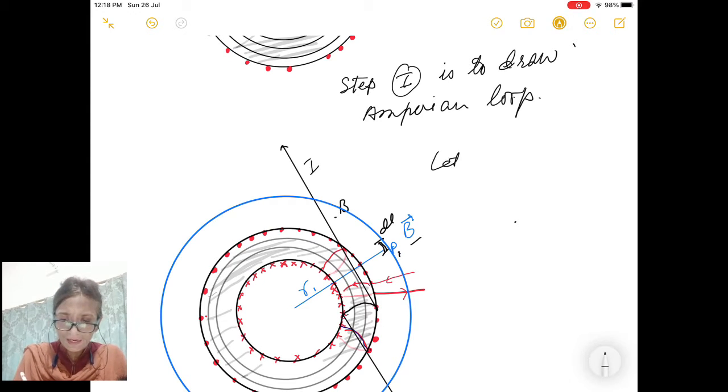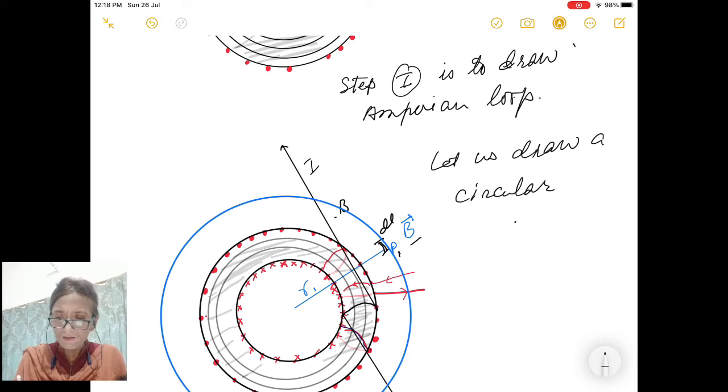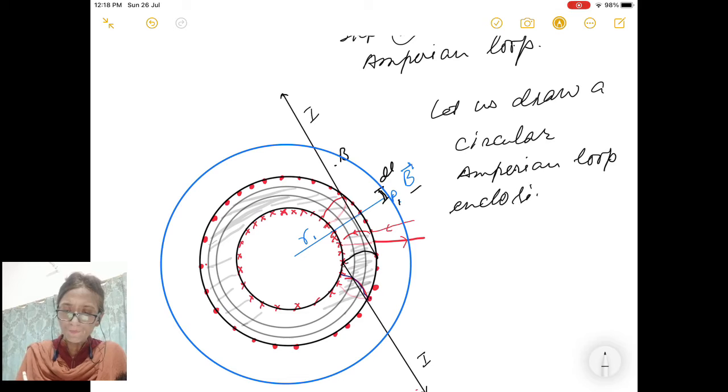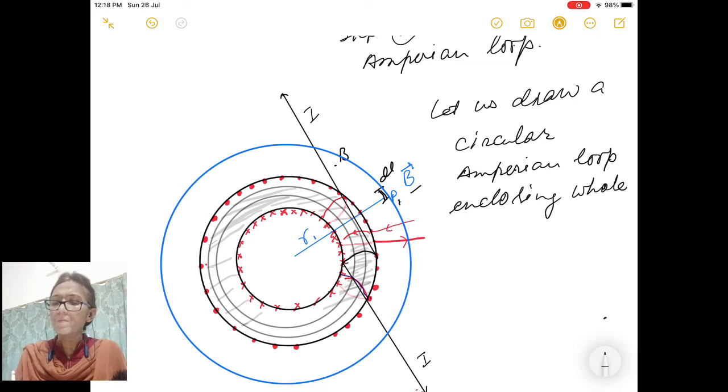So let us draw a circular Amperian loop enclosing the whole toroid, with radius R1.